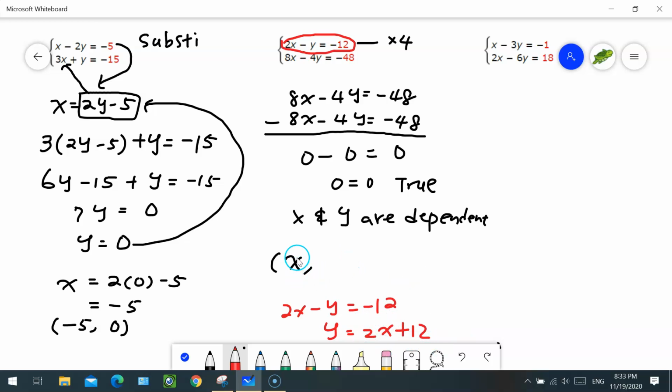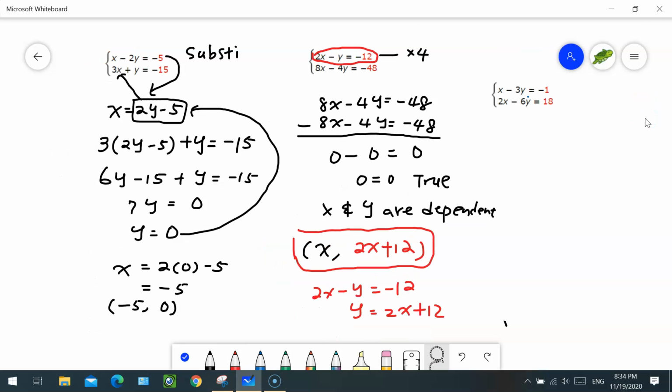That means if you give me the x, once I substitute x into here, I can solve for y. So y relies on x. So the solution set here, we write down x, comma, 2x plus 12. So this is x, and 2x plus 12 represents y. This would be the solution to satisfy these two equations. So this is a consistent system. They overlap everywhere, and your x and y solution rely on each other.